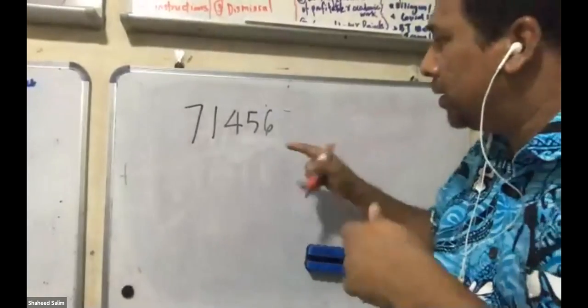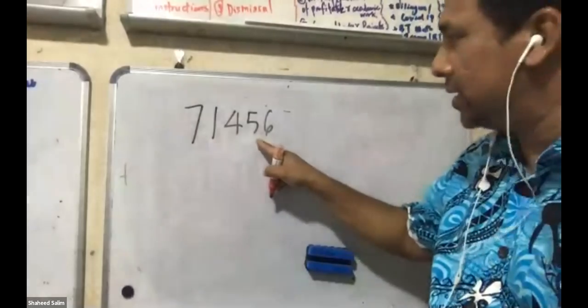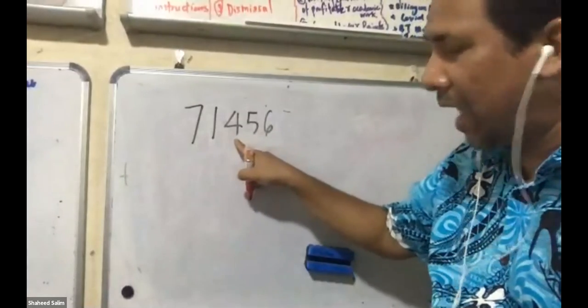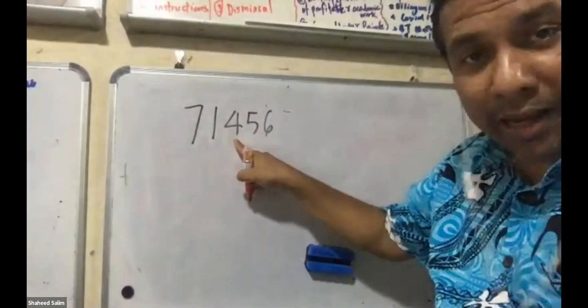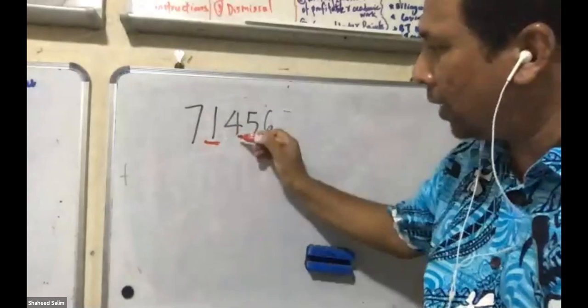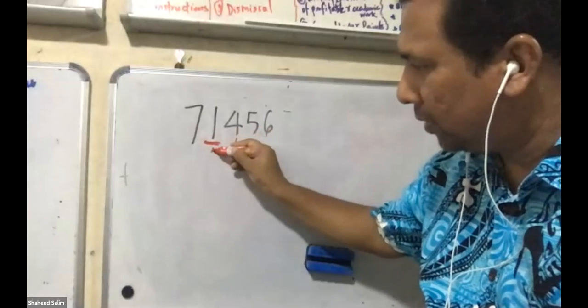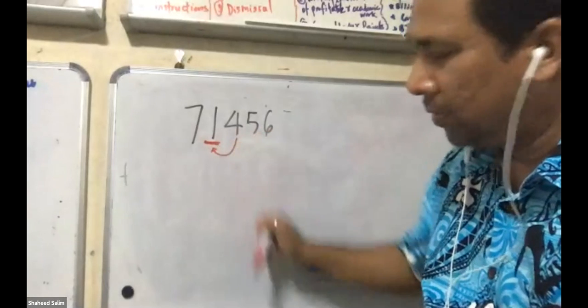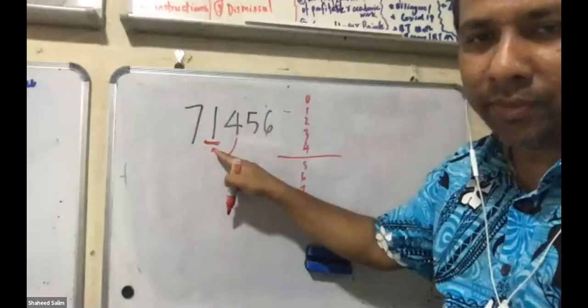So which one is 1,000? This is ones. This is tens. This is 100. This is 1,000. Underline the 1,000. And then look at the digit beside it. Is this digit 0, 1, 2, 3, 4, don't add, or 5, 6, 7, 8, 9, add 1? Must you add 1 or don't add 1?